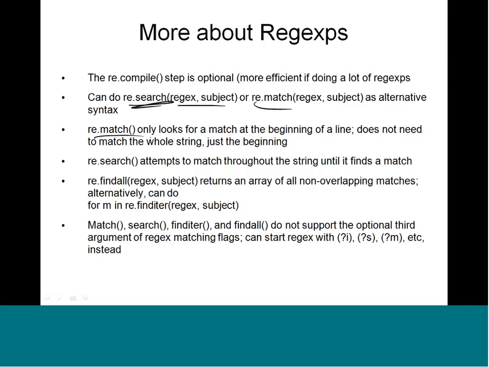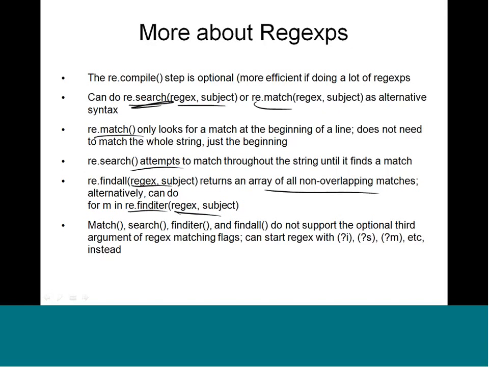The match only looks for a match at the beginning of the line. It does not need to match the whole string, just the beginning. The search attempts to match throughout the string until it finds a match. The findall with the regex and the subject returns an array of all non-overlapping matches.